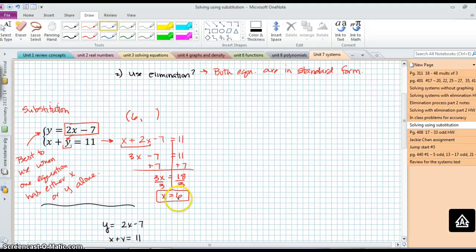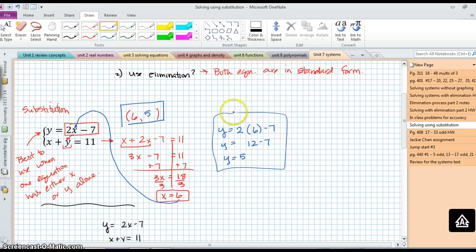I'm now going to take that 6, plug it into the top equation and replace the x. Now that equation looks like y equals 2 times 6 minus 7, so more substitution. And I get y equals 5. So those lines will cross at (6, 5). So this portion of the problem is exactly like we used to do. It's just that first step that's a lot different.